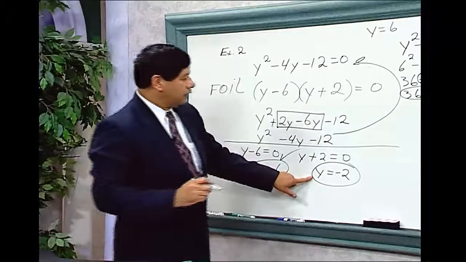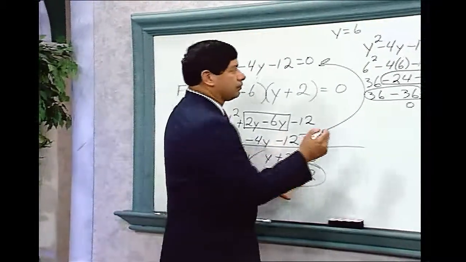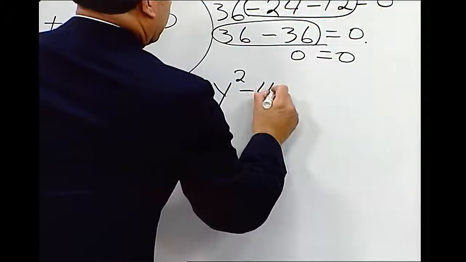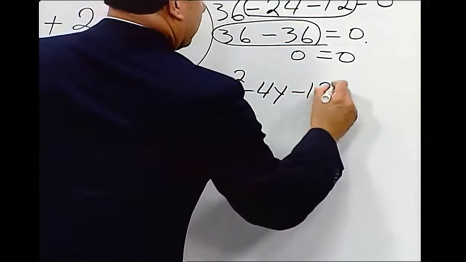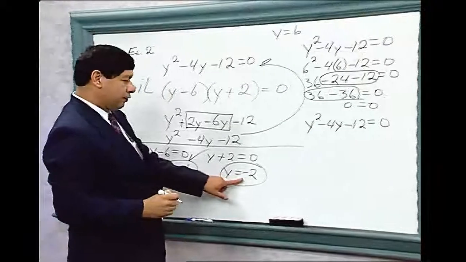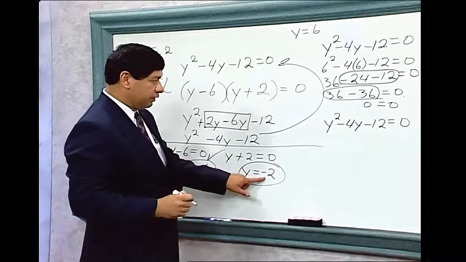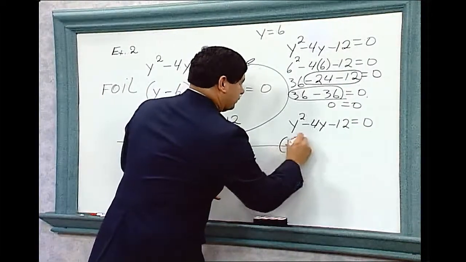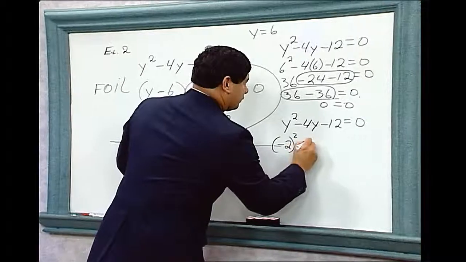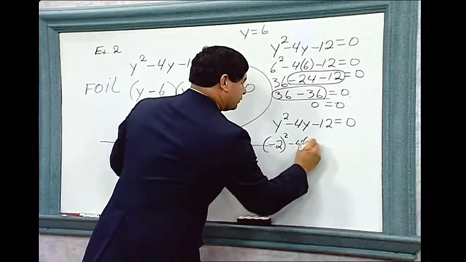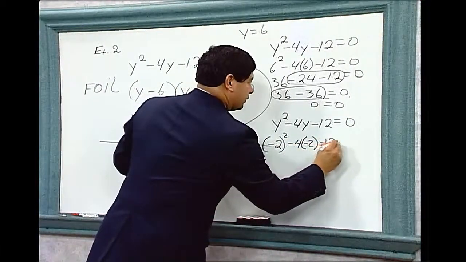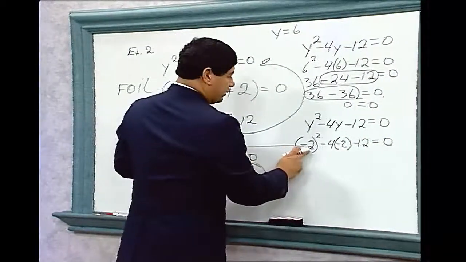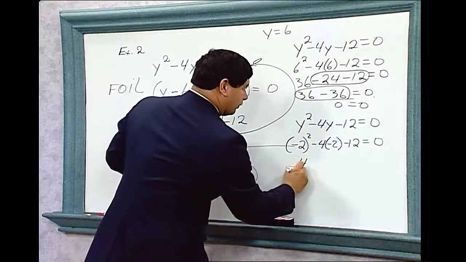Our next, we have y is equal to negative 2. y to the second power minus 4y minus 12 is equal to 0. And for our y, we're going to plug in a negative 2. Negative 2 squared minus 4 times a negative 2 minus 12 is equal to 0. Now let us simplify. Negative 2 squared is 4.